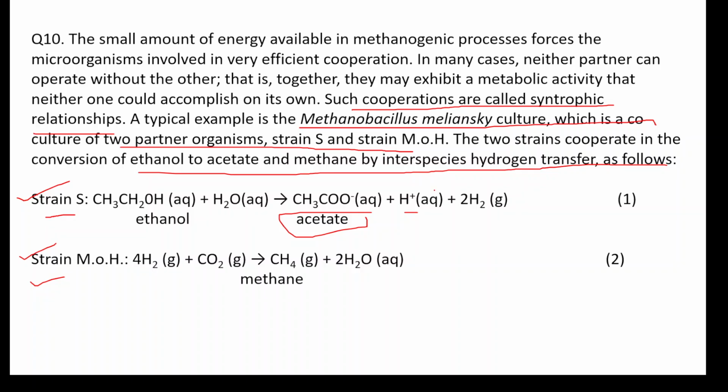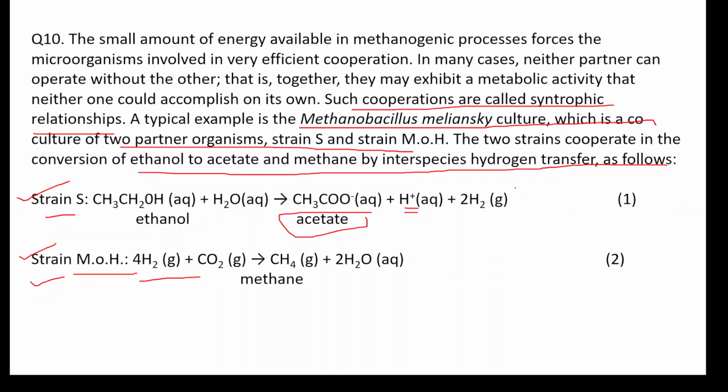So there should be a proper conversion of hydrogen. There should be no hydrogen accumulation. Because what is an acidic environment? There will be more hydrogen atom accumulation. Then the pH will reduce, right? So we don't want that. However much H plus strain S is producing, that should be used by strain MOH. If there is anything in excess, this strain MOH is going to die.